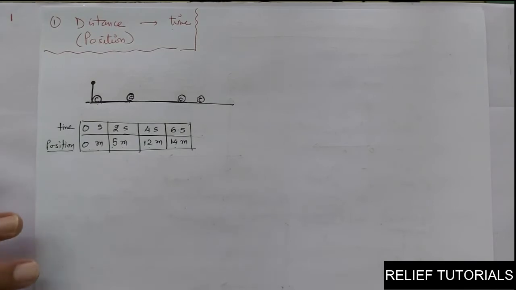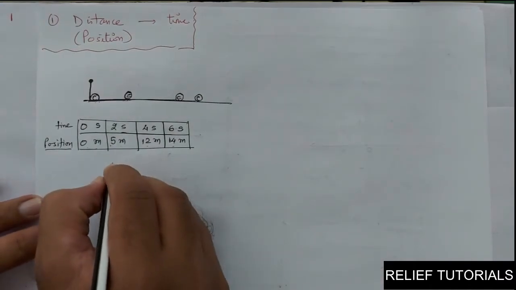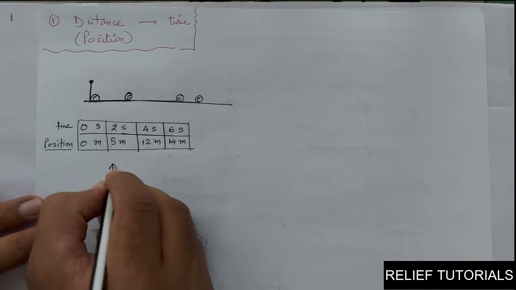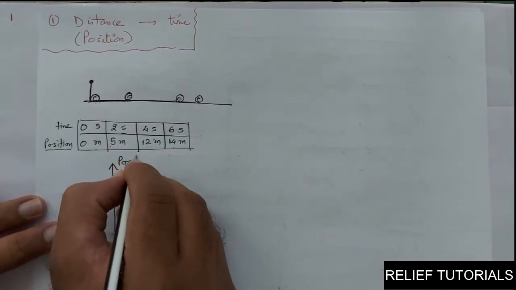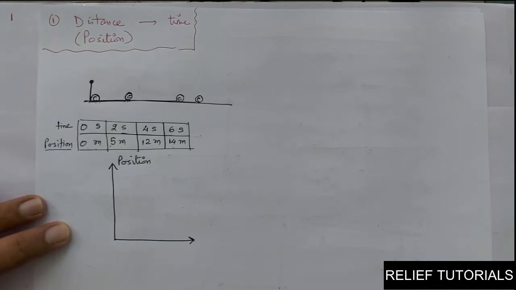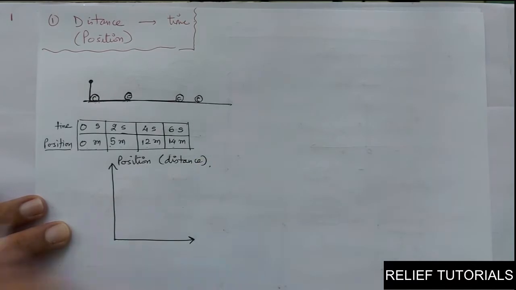Okay, that is the observation, but now we want to represent this on a graph. So how can we draw the graph? Can I draw like this? This is position, or we can say distance. Here is time.